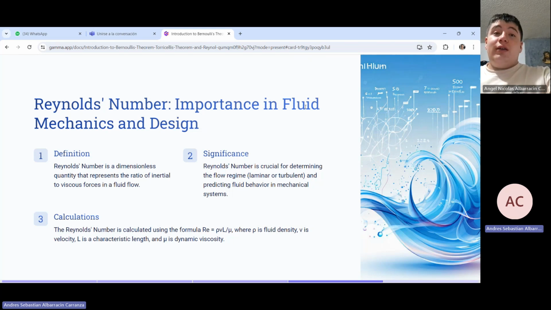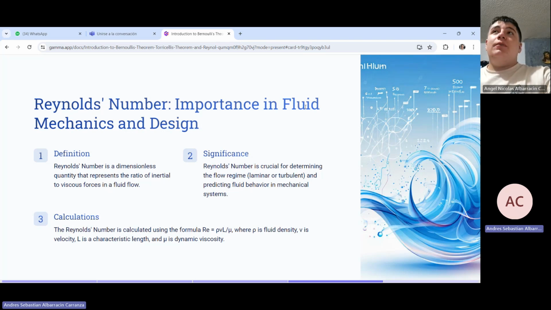Well, we have here the calculations, the formula for this. The Reynolds number is equal to density times velocity times L, which in the presentation we represent with the letter L, meaning the diameter of the system, the diameter through which the fluid is flowing, all of this divided by mu.